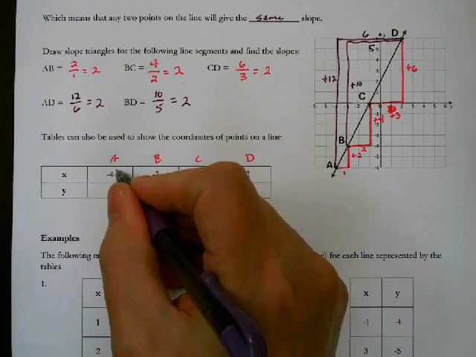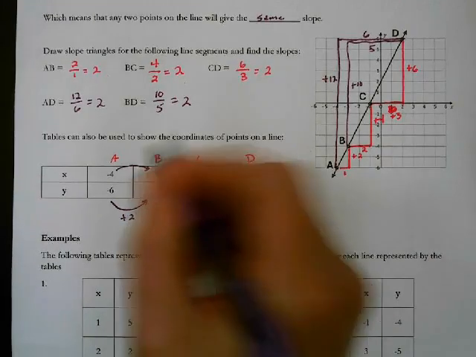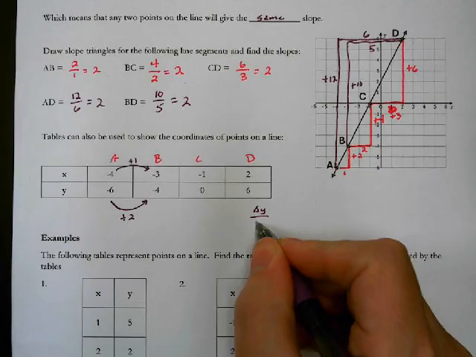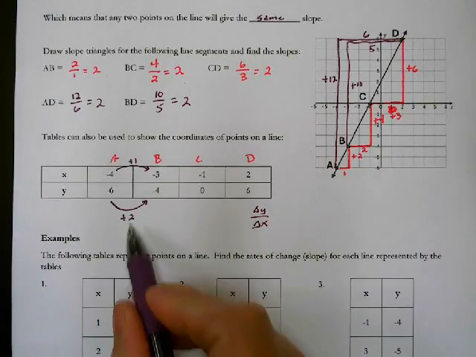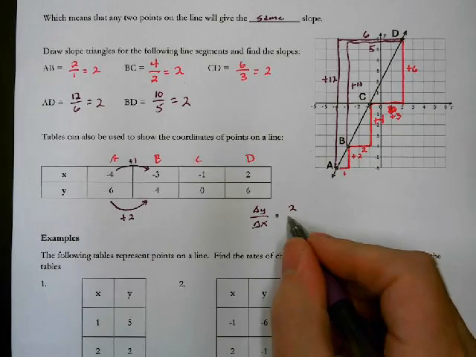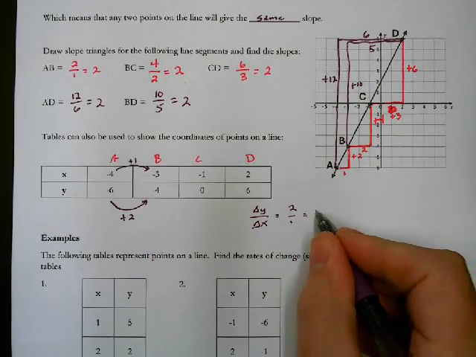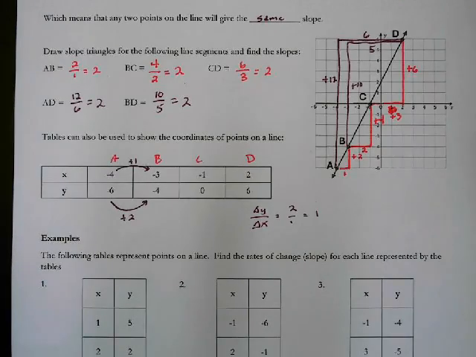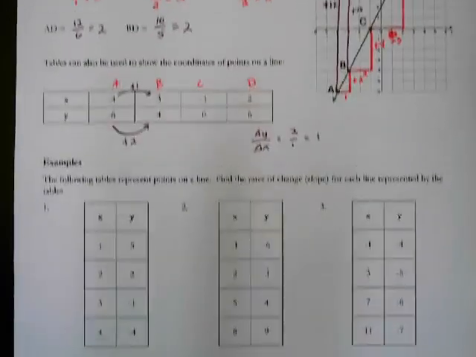The x is increasing by 1. Change in y over change in x, or rise over run, I would put 2 in the numerator, and 1 in the denominator. So we don't really have to graph these. If we just look at a table, we can find out what our rate of change, or our slope, is. Okay, let's practice that with these tables down here.